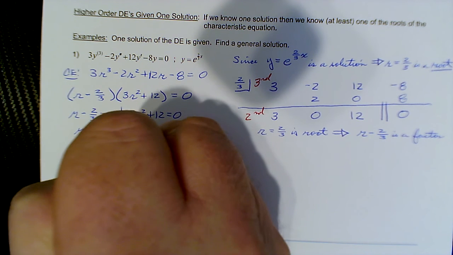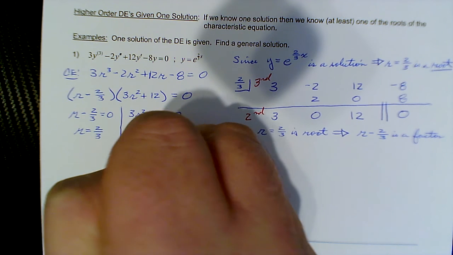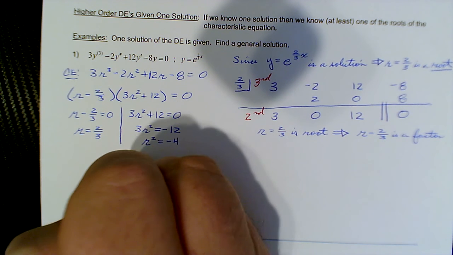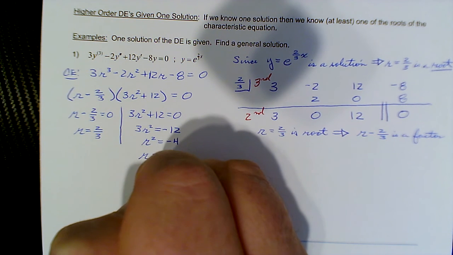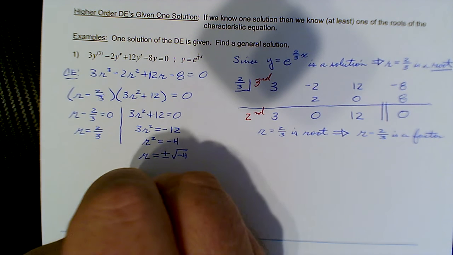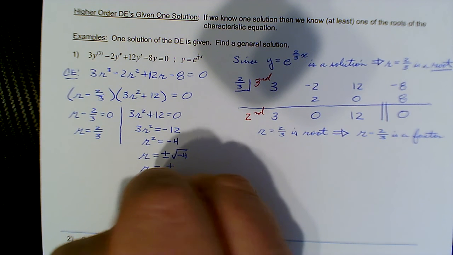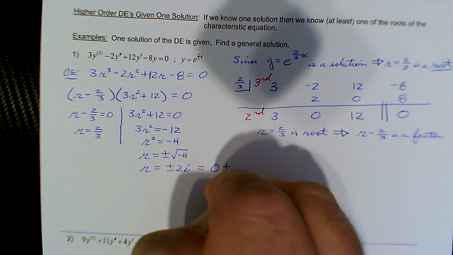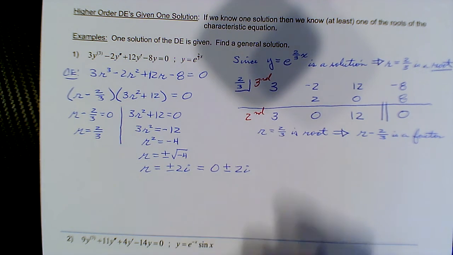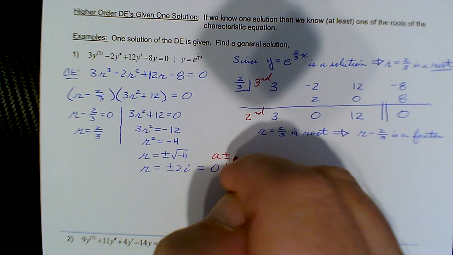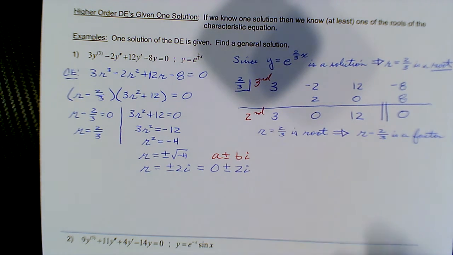But then here I'll solve for r by isolating the r squared. So 3r squared is 12, r squared would be negative 4, r is plus or minus the square root of negative 4, or plus or minus 2i, which if you like, 0 plus or minus 2i, so that you could show the a plus or minus bi form for the complex conjugate root.